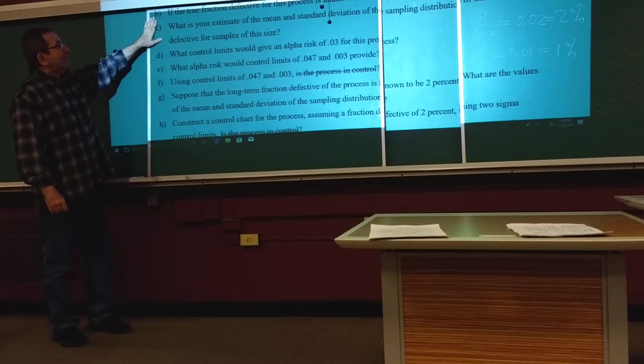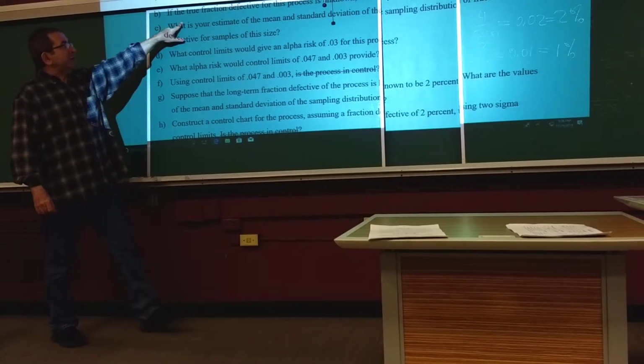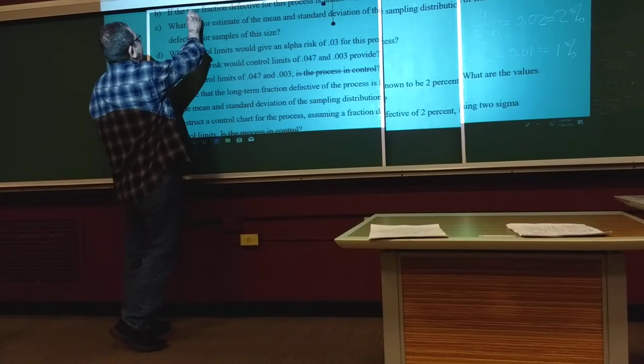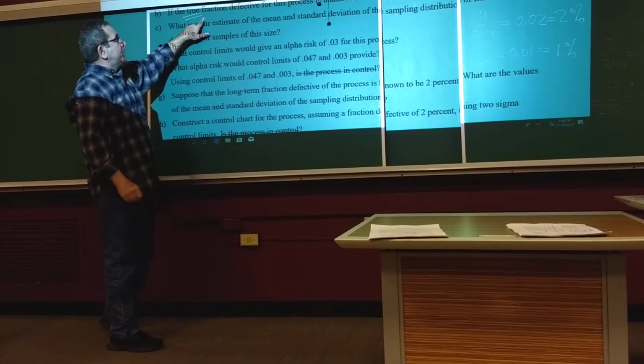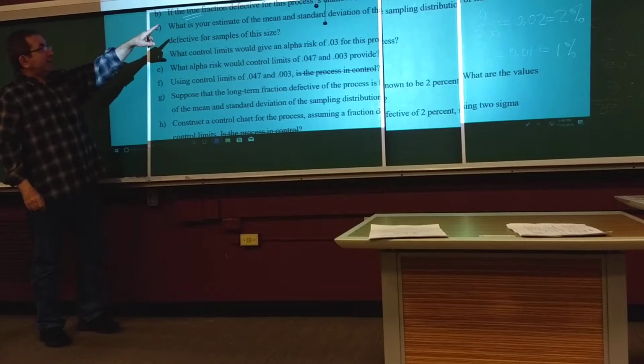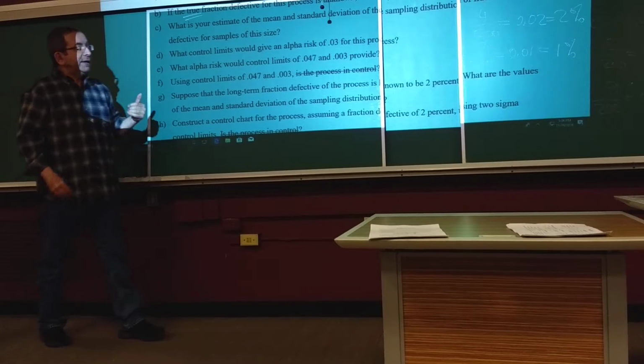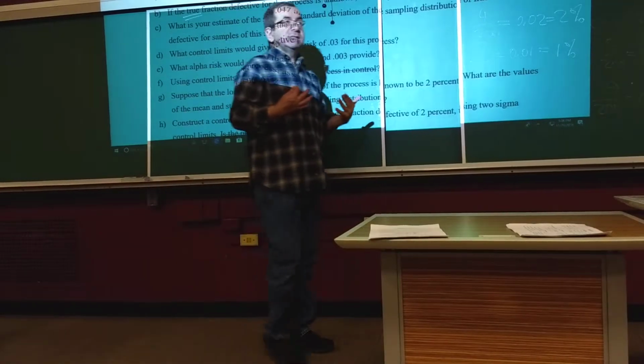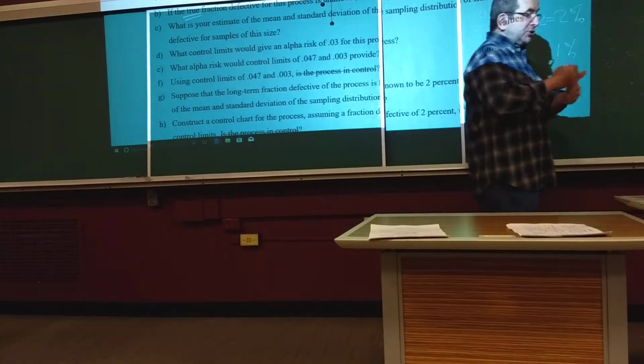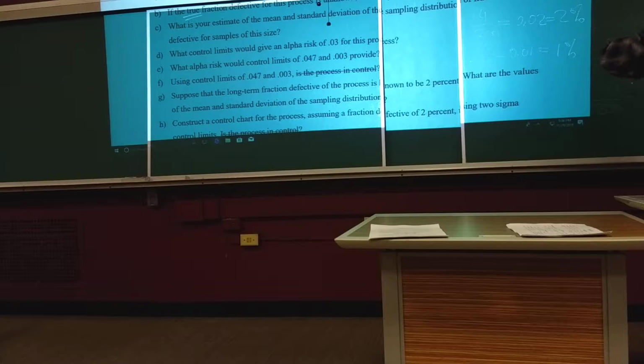Part B, now if the true fraction defective for this process is unknown. Okay, so there is a computer program that prepares these statements, and not all statements are 100% correct.